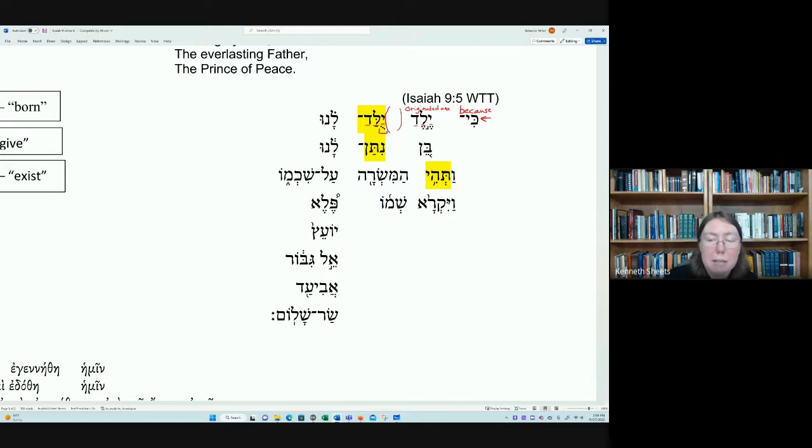And it is third masculine singular. So if yeled is the idea of an originated one, then the verb form, yalad, would be the idea of "to originate," but it's passive here. So we would then say "was originated." It is kind of an interesting thing.